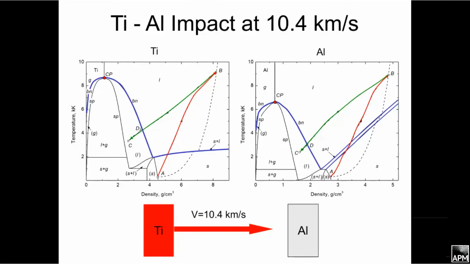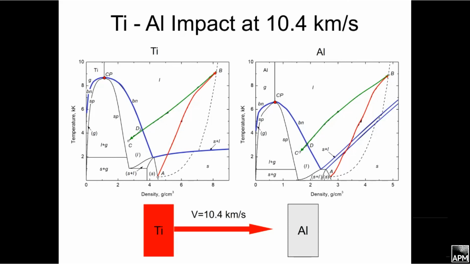Here you can see an illustration of an example of such a process, where one metallic plate, titanium, for example, impacts an aluminum plate with high enough velocity, about 10 kilometers per second.